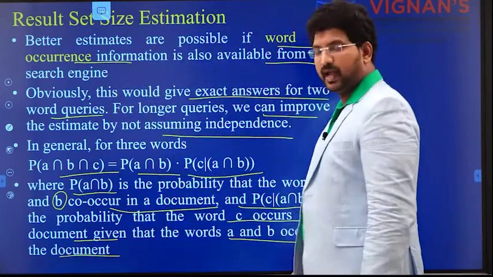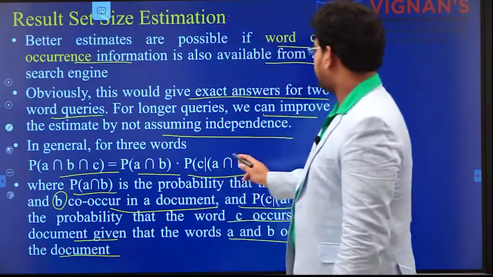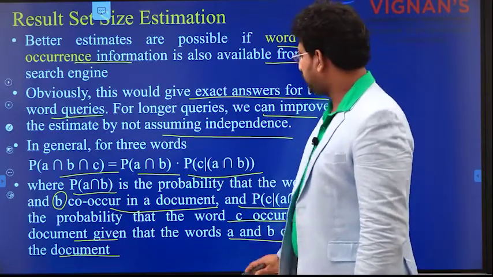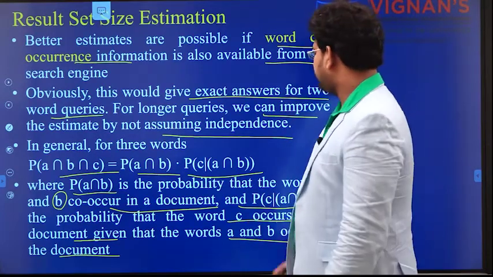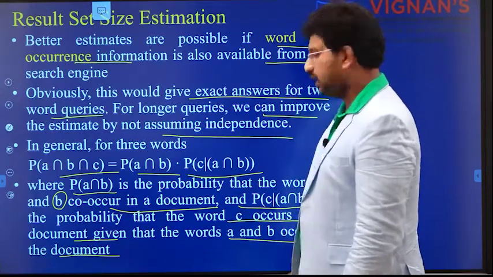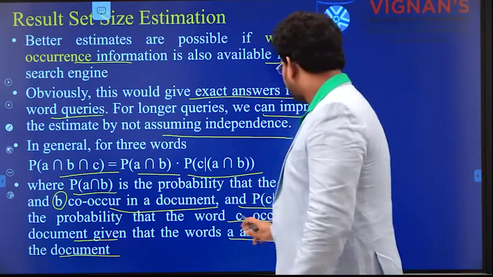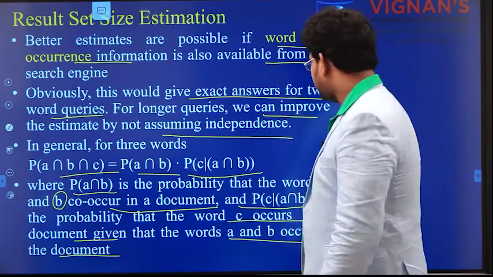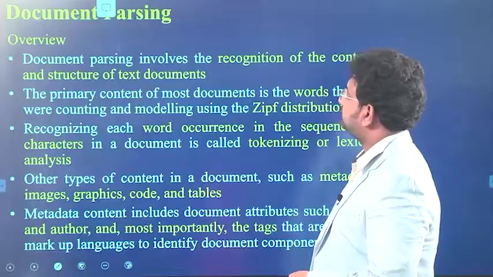So here you will be having only two terms, P of A intersection B and P of C given A intersection B.